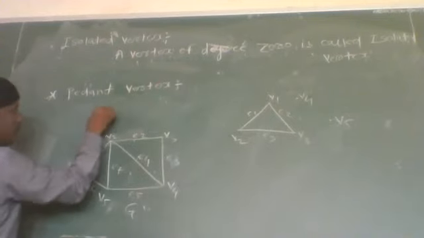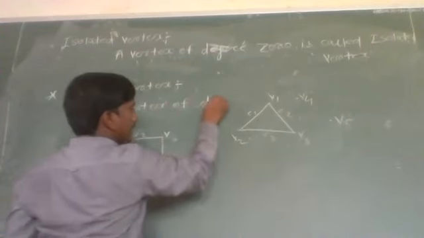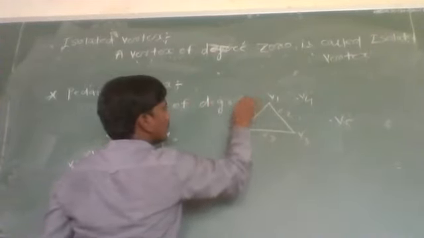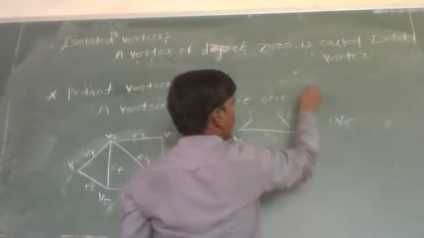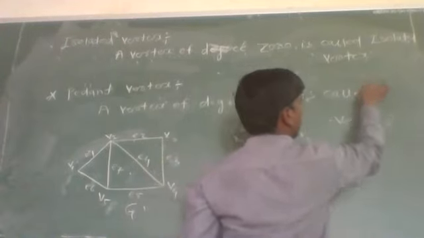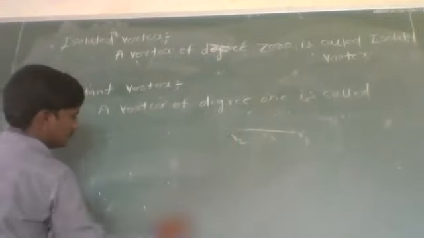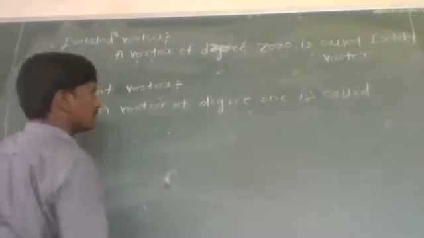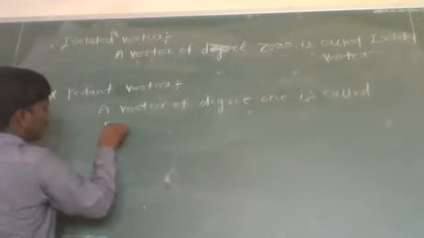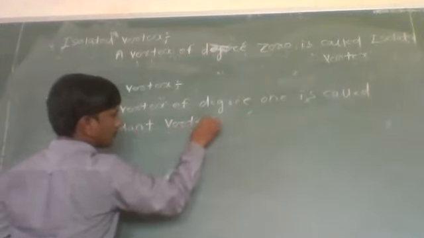A vertex of degree 1 is called a pendant vertex. Let's see the example.